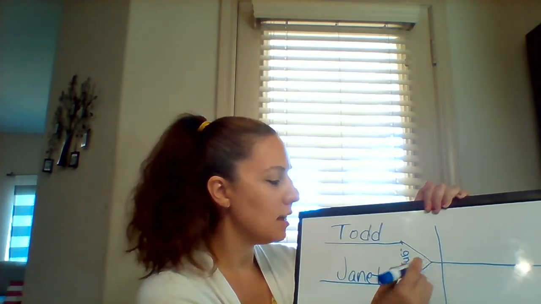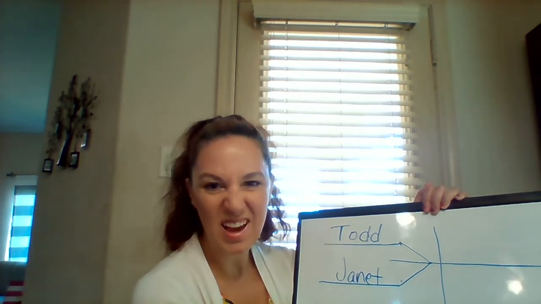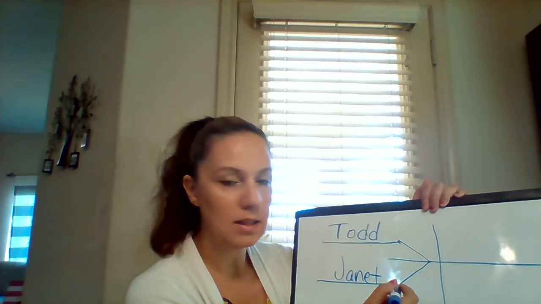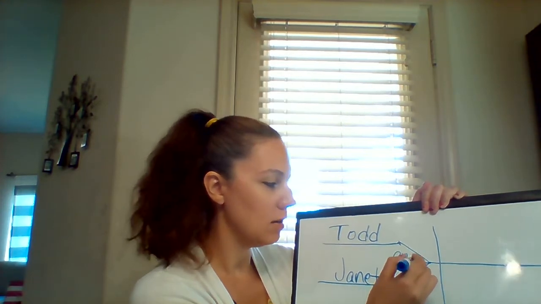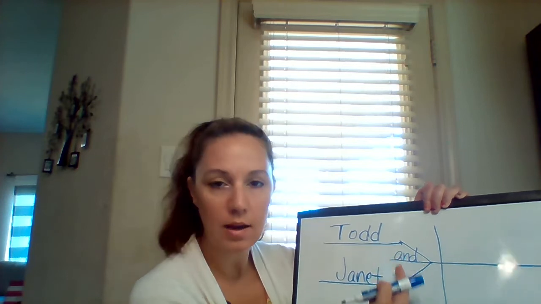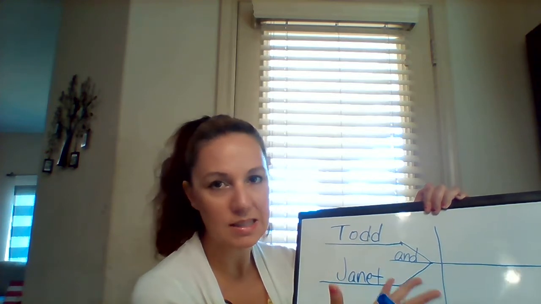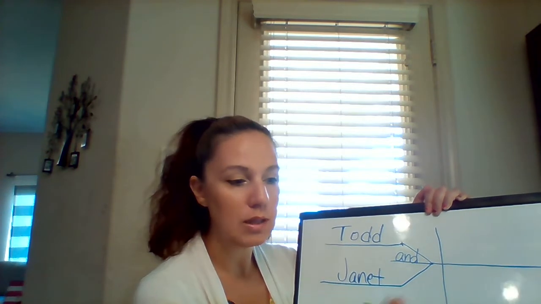So what I did is I just made a little line in the middle, like that. So instead of doing the dotted line, just write your and right there. Okay? So if you're writing it out, do the dotted line and write and up and down. But if you're doing it on the Google slide, just put it on this little line that I put right there. That's the easiest way I could think of doing that.